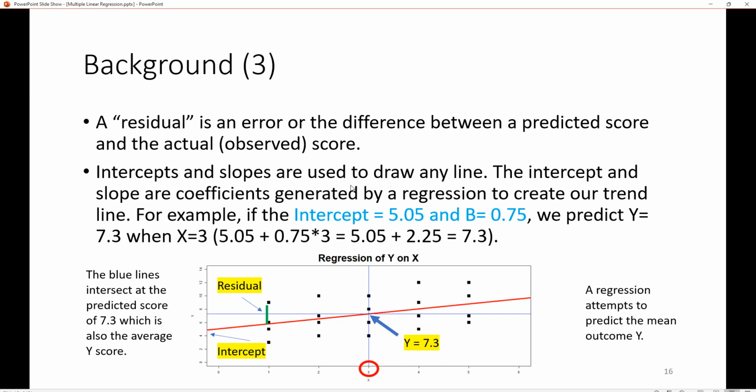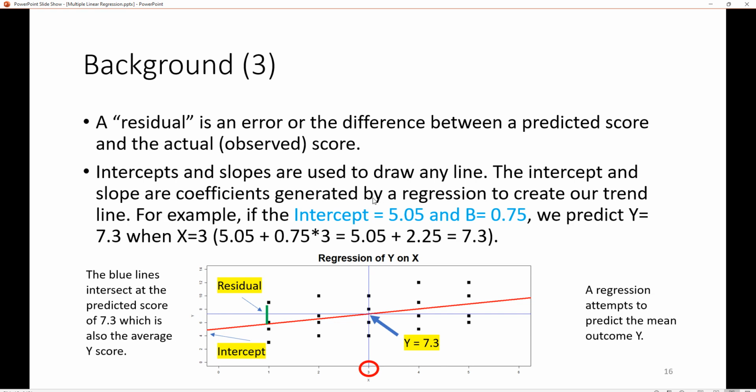Intercepts and slopes are used to draw any line. The intercept and slope are coefficients generated by regression to create your trend. So it gives you the actual values that you would use to create a line, as you do in any kind of mathematical operation.